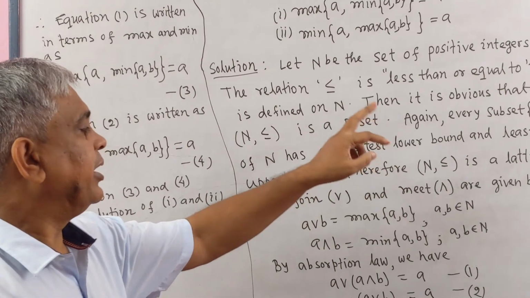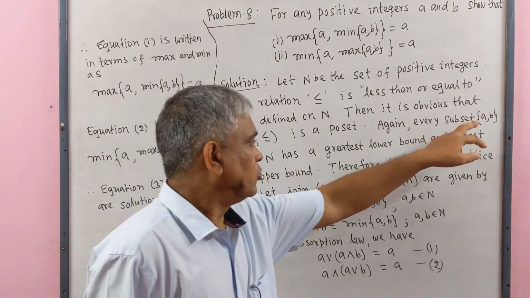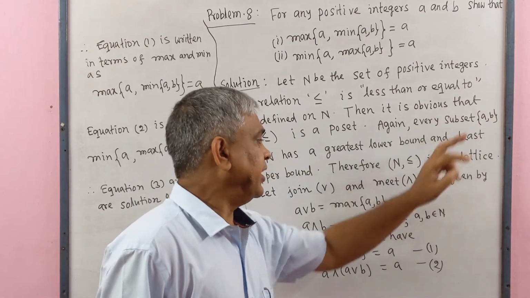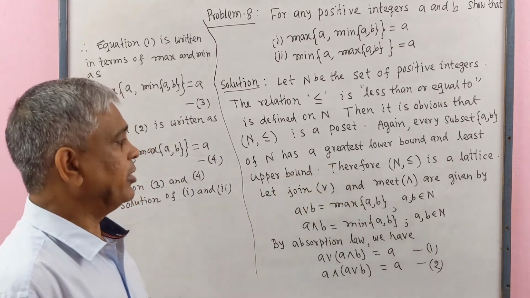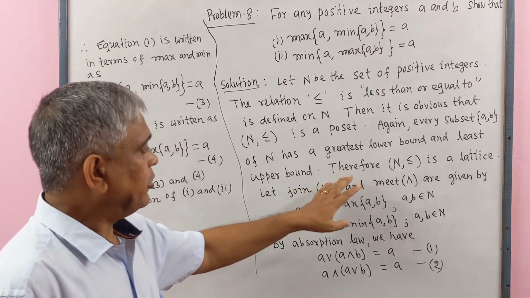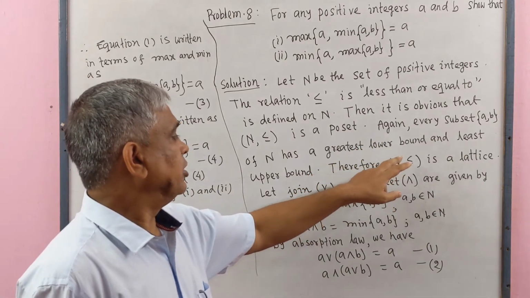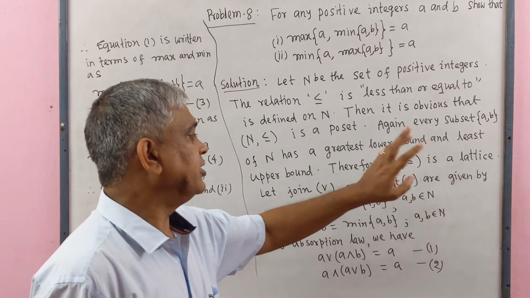Again, every subset containing any two elements A and B has a greatest lower bound and a least upper bound. Therefore, N with the partial order relation less than or equal to is a lattice.